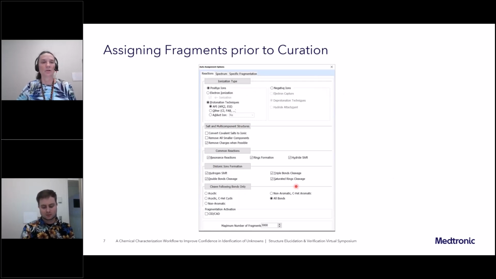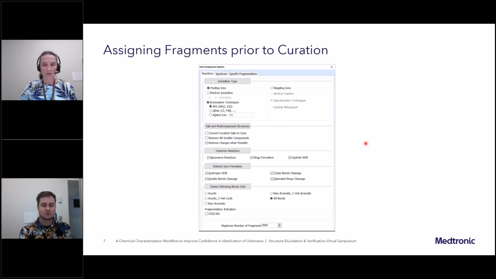So this tool can be used not just for LCMS data, but it can also be used for GCMS data. And you can select from this window the different types of reactions, or settings, that you would want to use.